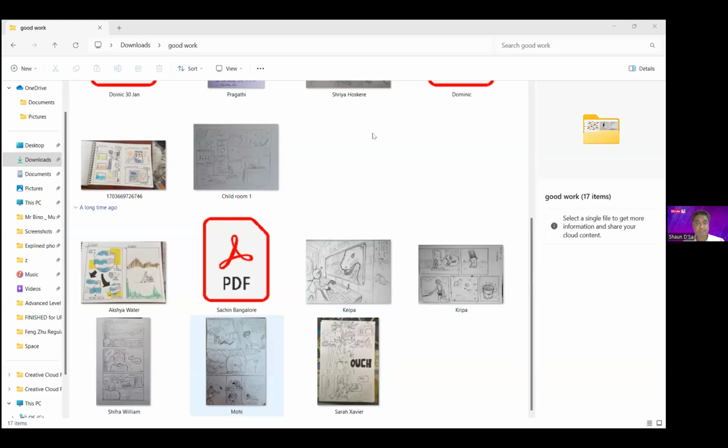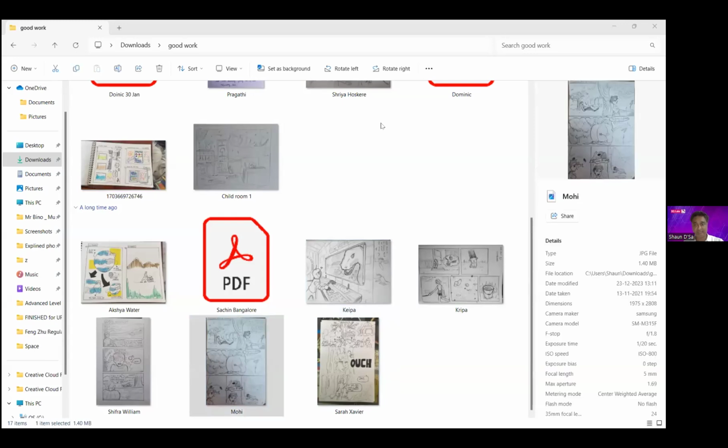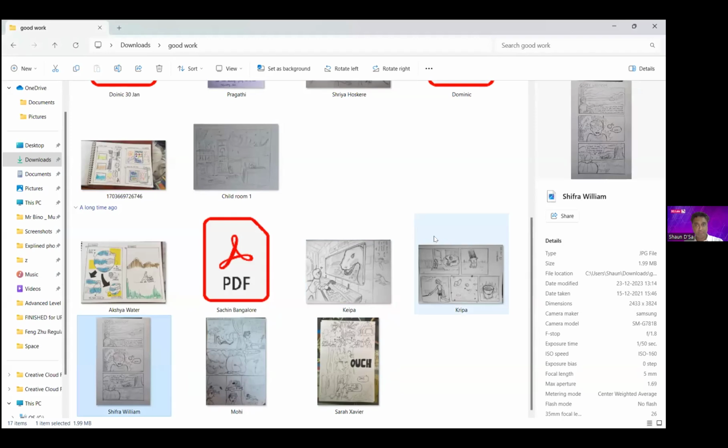Yes, sir. Okay, let's look at one drawing very specifically. Now let's have a look at this one.